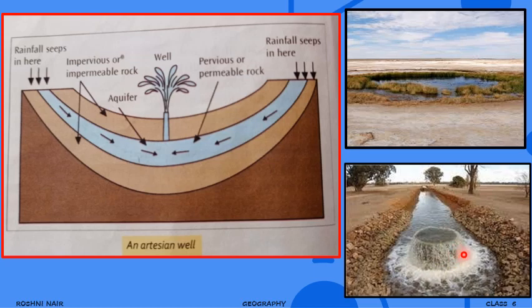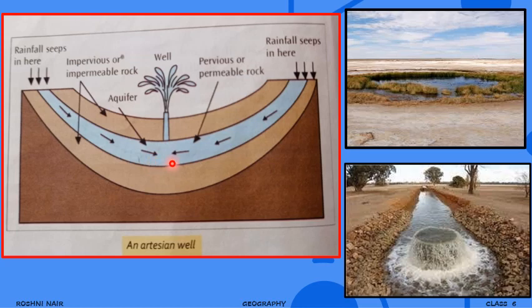I hope you understood the concept. Drawing is important, and also the explanation of this aquifer and artesian well is important. So what are the important words here? Porous or permeable rocks sandwiched between impermeable or impervious rocks. And what happens? This aquifer is formed.